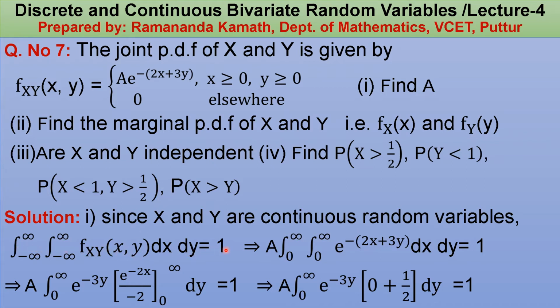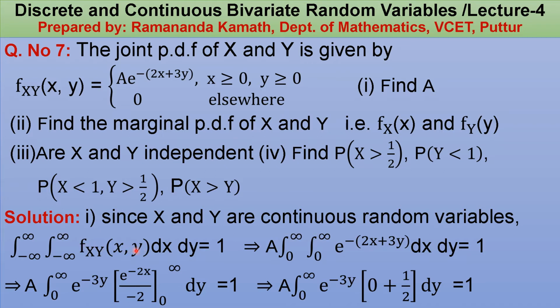But here this integrand fxy of x comma y will be a into e power minus of 2x plus 3y for x greater than or equal to 0 and for y greater than or equal to 0. It is 0 elsewhere, means if x and y are negative, this integrand will be 0.